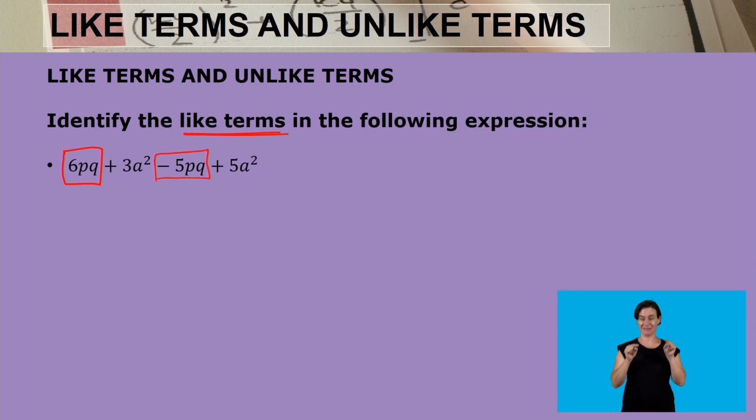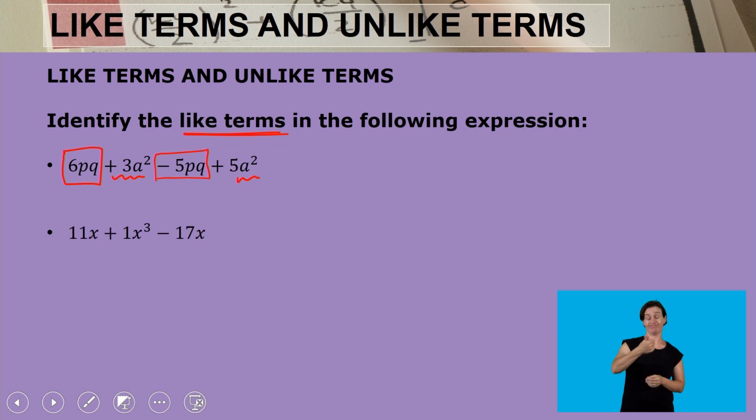So definitely those are like terms. And again, we can see that the 3a squared is a like term with the 5a squared. And why is that so?